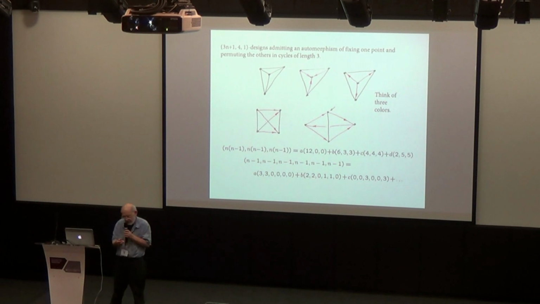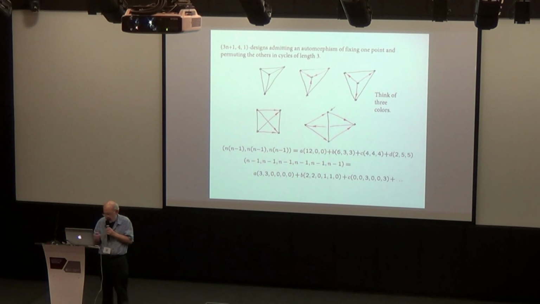I can go further. I can talk about designs with blocks of size 5, which admit an automorphism fixing a special point and permuting the others in cycles of length 4. So this is a graph decomposition problem, and the asymptotic existence is decided by doing this computation.